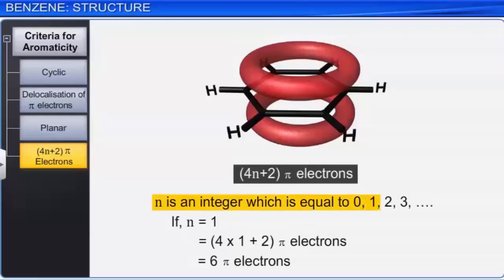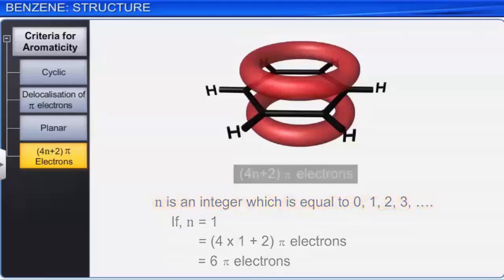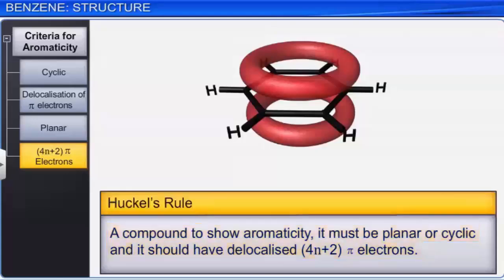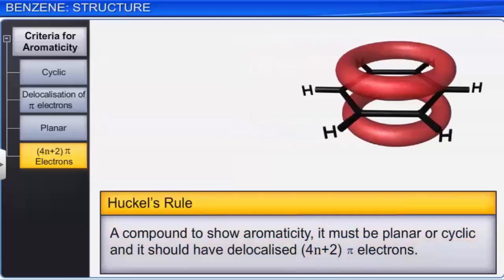This means, for a compound to show aromaticity, it must be planar or cyclic, and it should have delocalized 4n plus 2 pi electrons. This is known as Hückel's rule. Thus, according to Hückel's rule, the aromatic compounds should have a delocalized electron cloud of pi electrons, such as 2, 6, 10, 14 electrons.